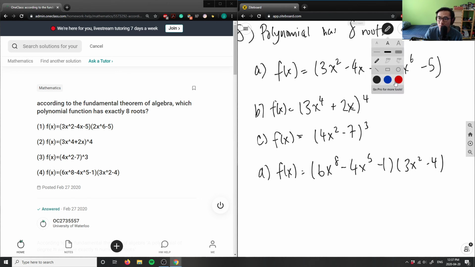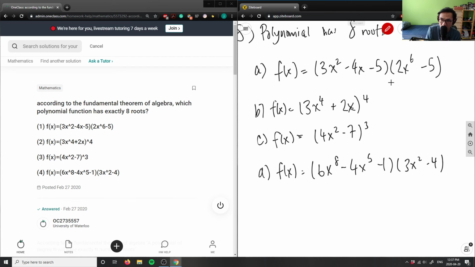So let's look at the first function here. I have 3x squared minus 4x minus 5 times 2x to the power of 6 minus 5. So let me expand this. I could FOIL this and expand it into one long polynomial. If I do the first part of FOIL, it's 3x squared times 2x to the power of 6, right?